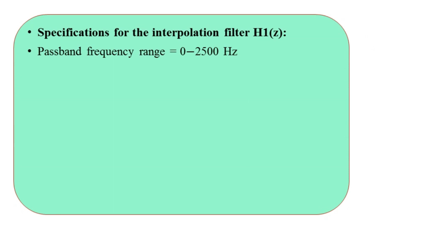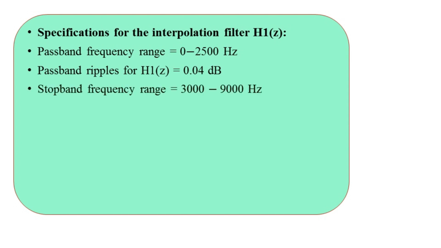Then we have the passband ripples for the filter function h1 of z, which is equal to 0.04 decibels. The third specification is the stopband frequency range, from 3000 Hz to 9000 Hz, and at last we have the stopband attenuation, which is equal to 42 decibels.